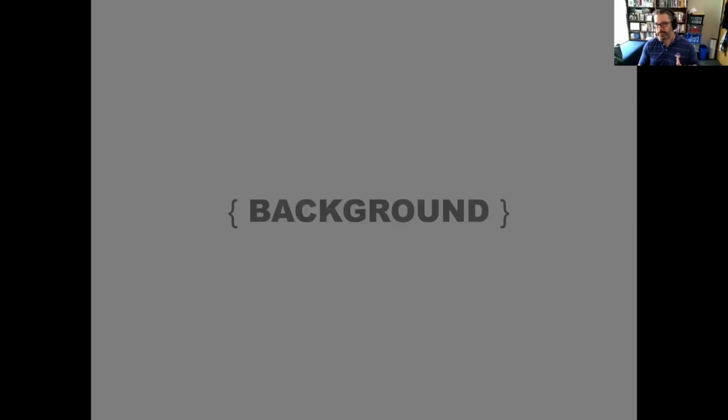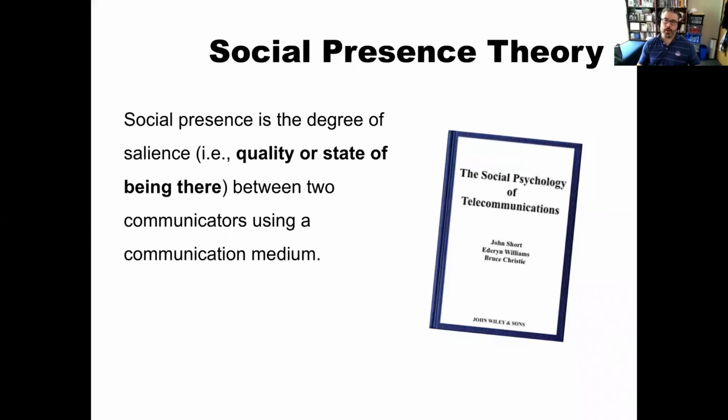And so that's where I came into this, and I'm going to give you the backdrop of my story. I tend to research mostly how people communicate using emerging technology. Specifically, I'm really interested in this concept of social presence, but also identity and community. Social presence really dates back to the 70s, when telecommunication was taking off and people were interested in how it impacted the way people communicated.